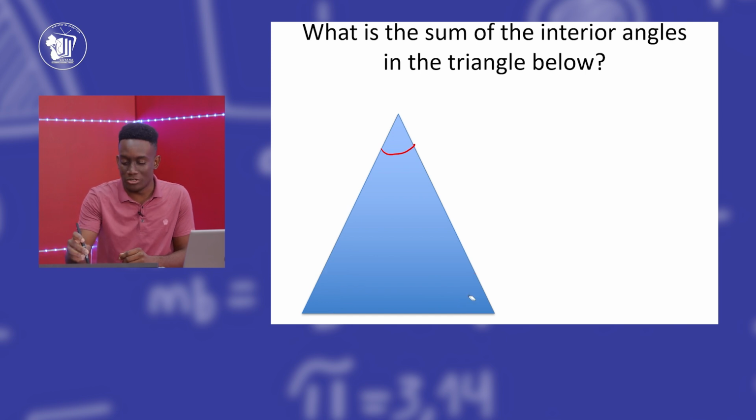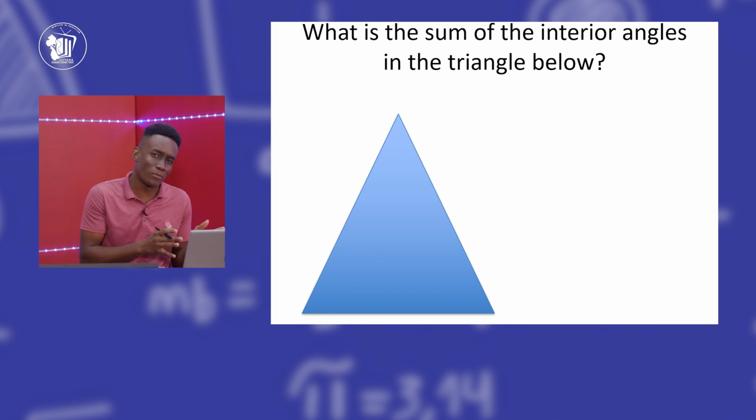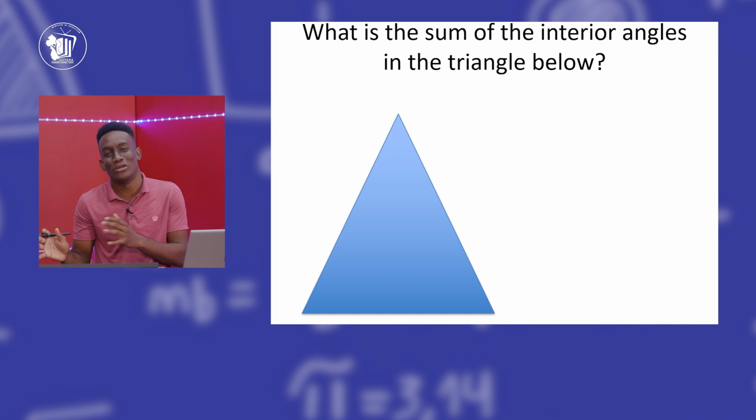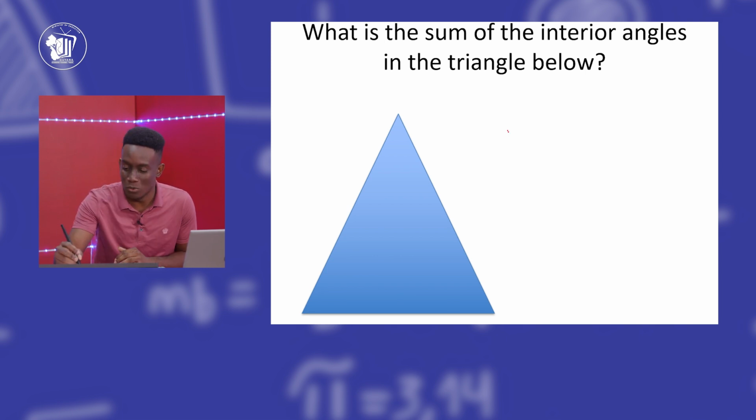So I have a question on screen. The question says, what is the sum of the interior angles in the triangle below? We know from our primary school knowledge and from the earlier parts of secondary school that the sum of interior angles in a triangle is 180 degrees.